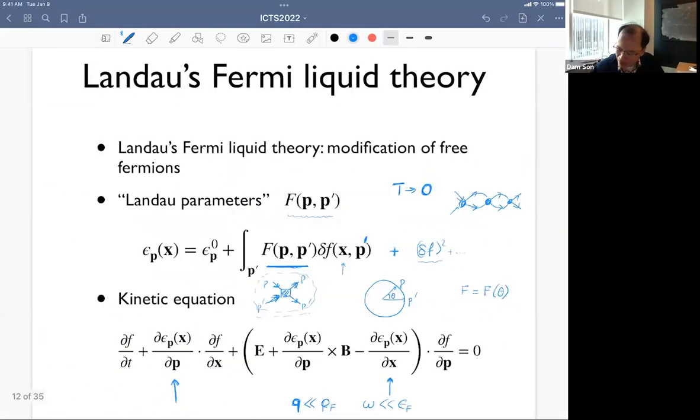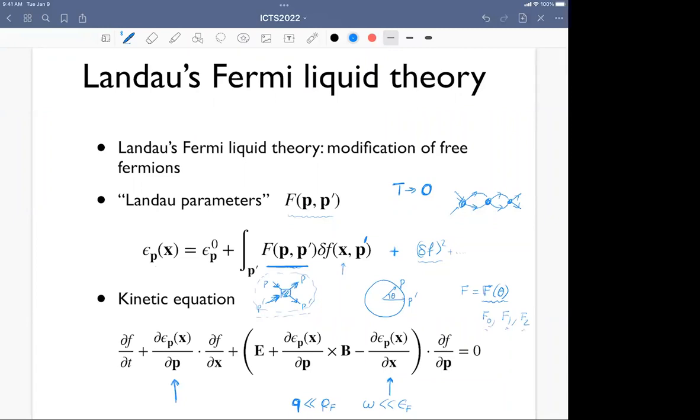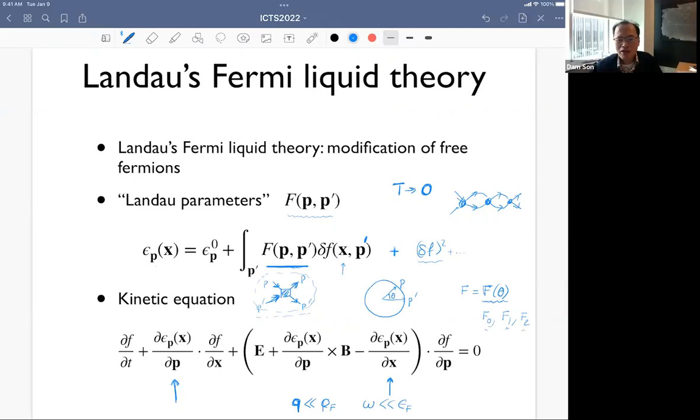This function of theta can be decomposed in spherical harmonics, and then we have these Landau parameters, which are the expansion of f of theta in harmonics. A few of these parameters, the first ones, can be matched to the results of experiments in helium-3.